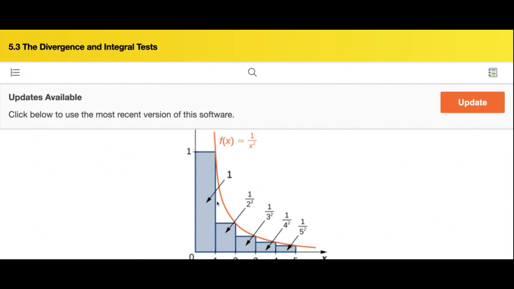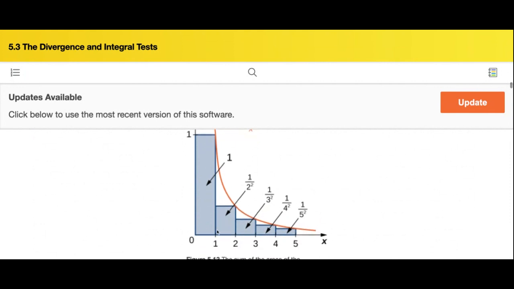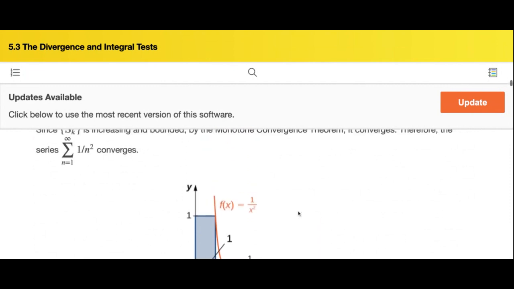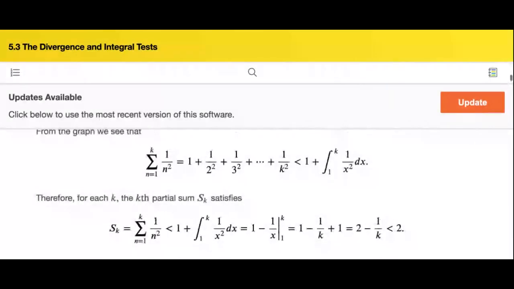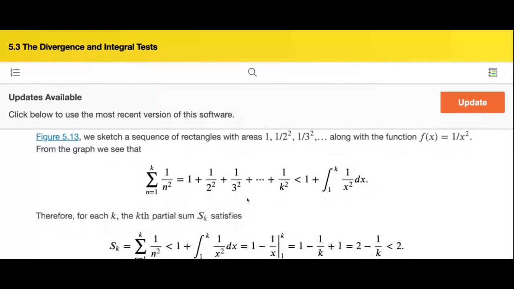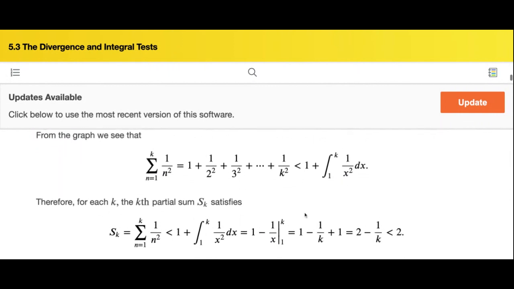So the first part is just 1 squared. Then we start from 1, so we get a half, 1 over 2 squared, 1 over 3 squared, and so on. So this s_k is less than 1 plus the integral of 1 over x squared from 1 to k.